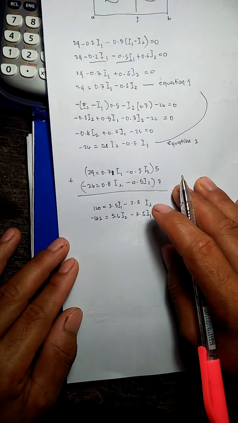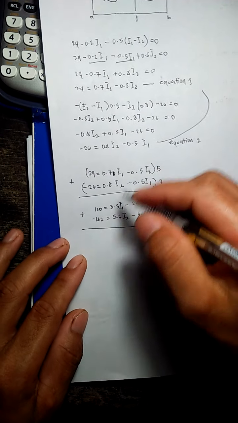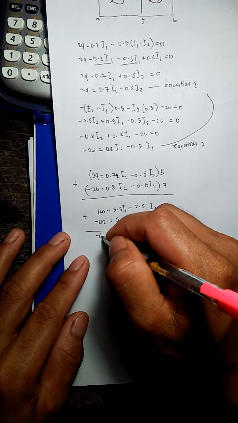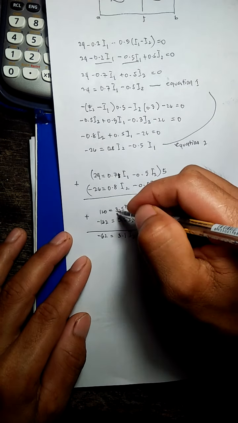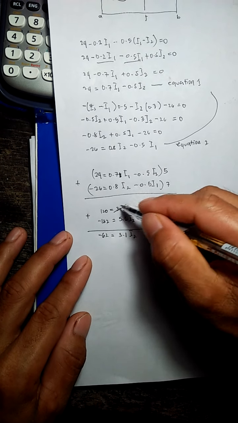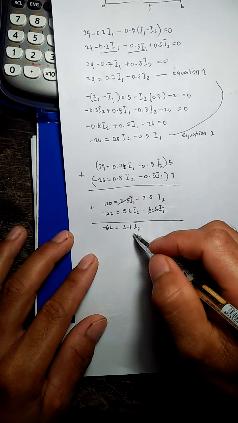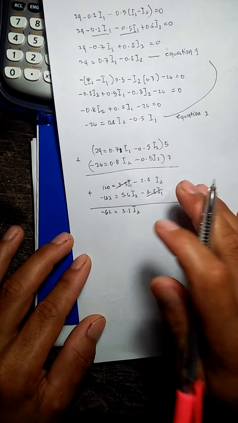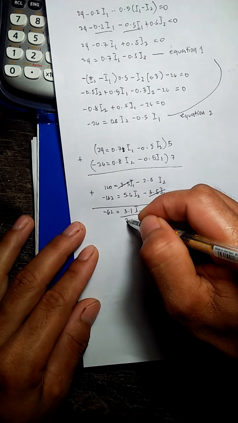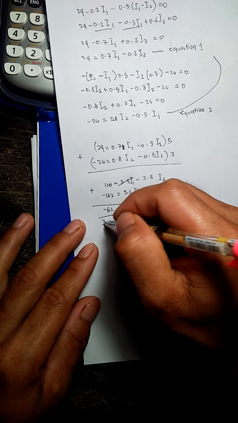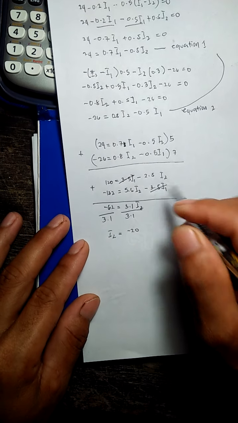Now we can solve. 120 plus negative 182 is negative 62, is equal to 3.1 I2, since the I1 terms cancel to 0 and 5.6 minus 2.5 is 3.1 I2. Divide both sides by 3.1, so I2 will be negative 20.